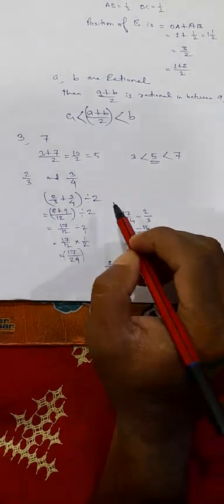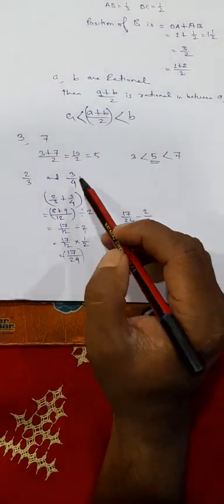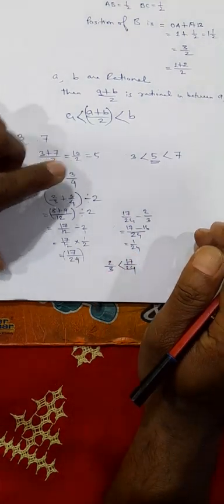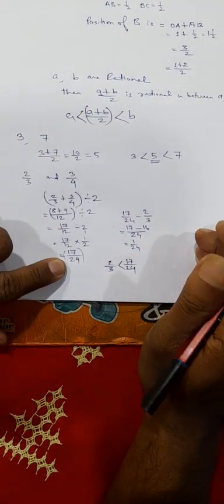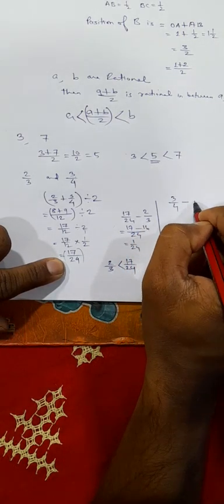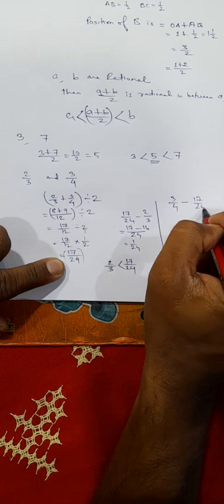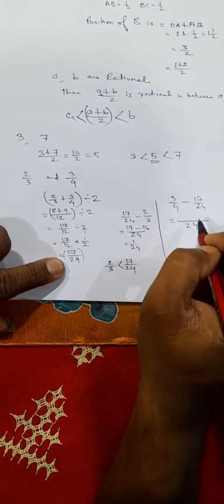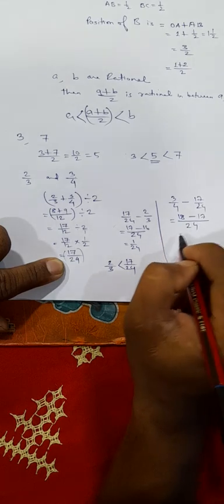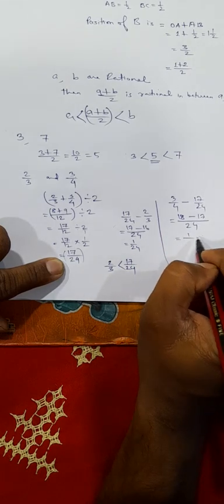Now think about the comparison between this and this. Can we prove that this number is greater than this number? So try to find the difference. 3 by 4 minus 17 by 24. LCM is 24. 3 6s are 18, minus 17, 1 by 24.